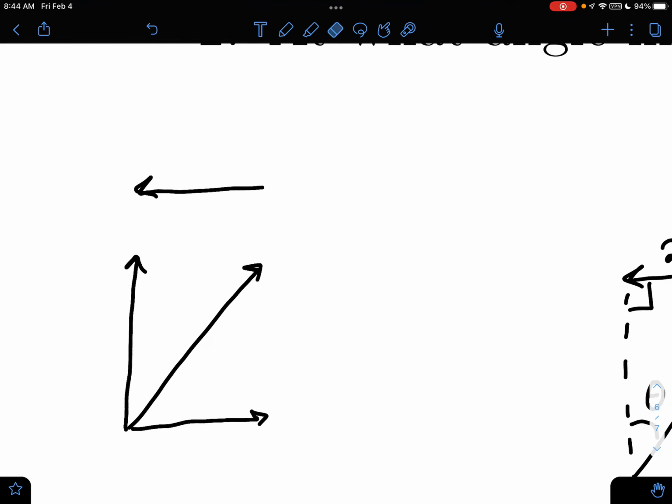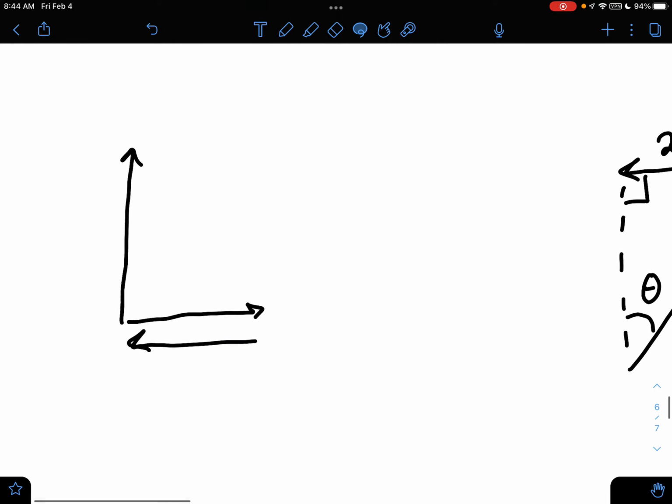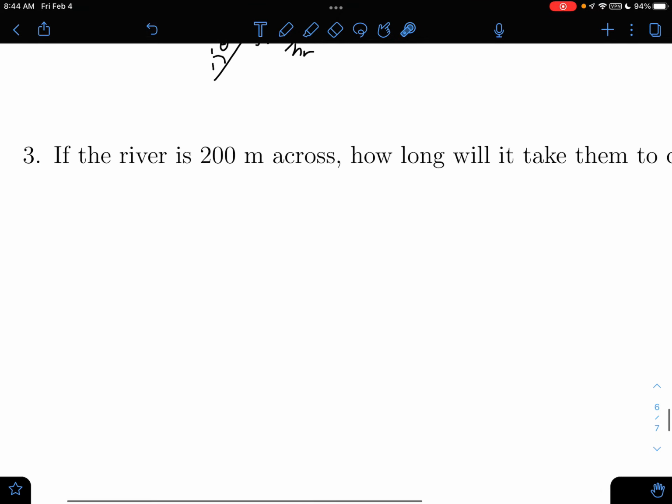If I'm adding all of this together, we get rid of this because we broke it into components, so this is going to be the same. Our 2 kilometers per hour is going to be the same as our upstream or downstream component of this. These are going in opposite directions, so they're going to cancel. That leaves us with just an upwards component, just directly across the stream.